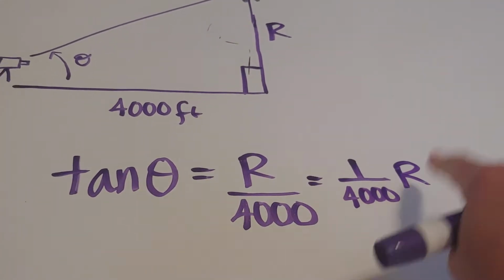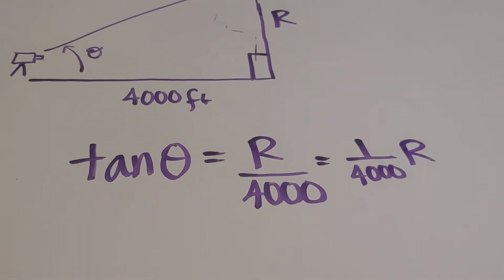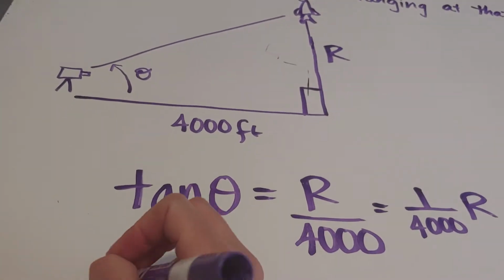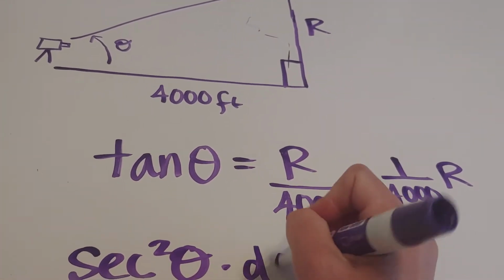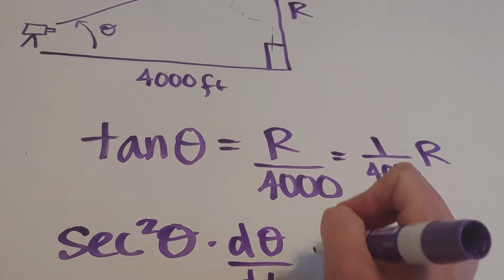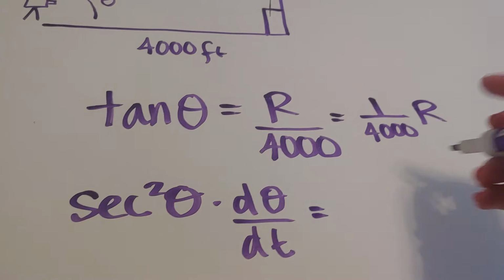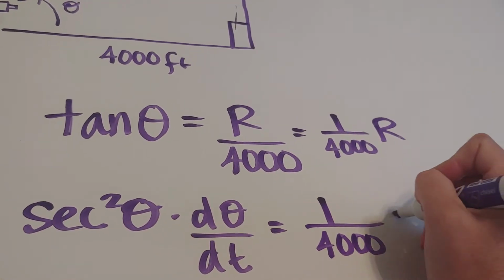That'll make finding the derivative a lot easier. Now we take the derivative with respect to time. The derivative of tangent is secant squared, but I've got to tag it with a d theta dt. The derivative of 1/4000 r is 1/4000 dr dt.